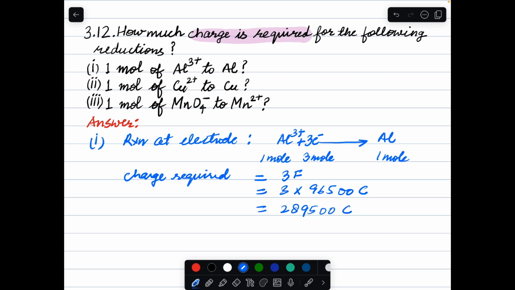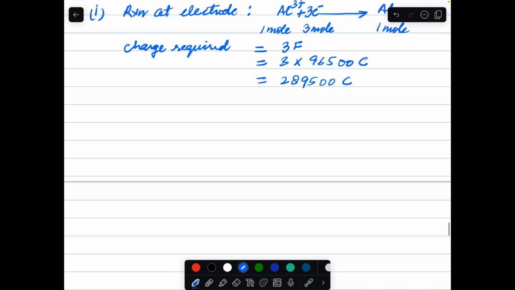Okay, here the idea which you have to remember is that charge on 1 mole electron is equal to 1 Faraday. That is the idea for the Faraday's constant. So this is the answer for the first part. Now come to the second part.